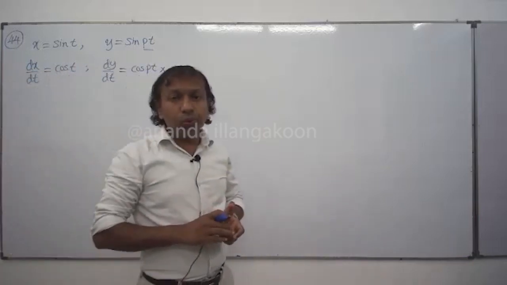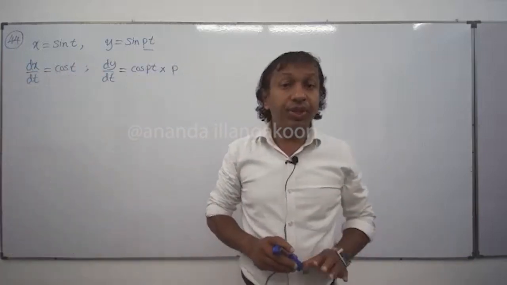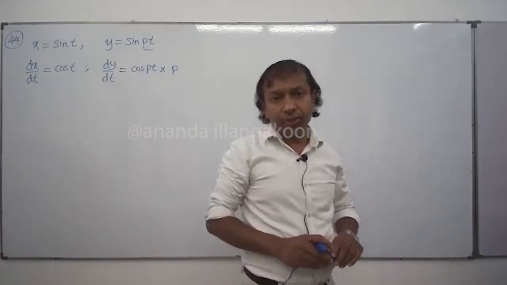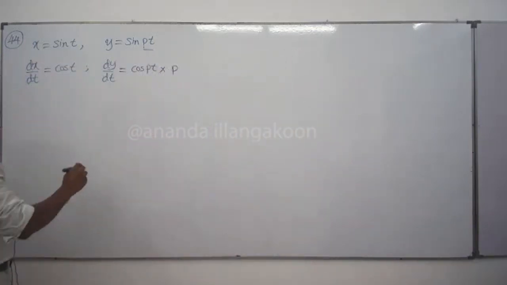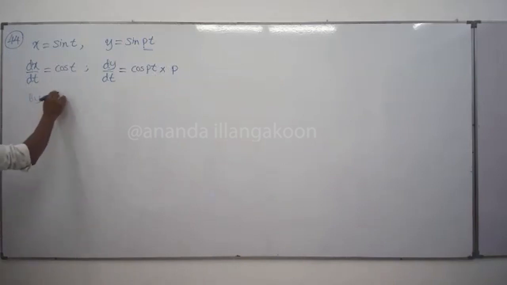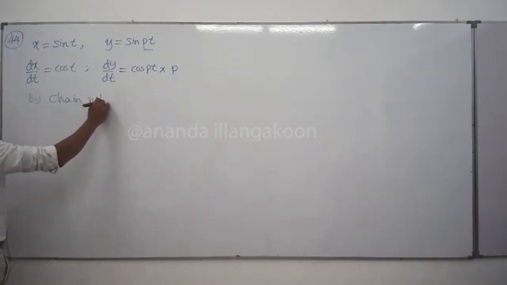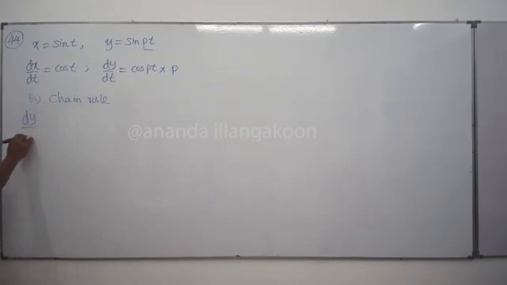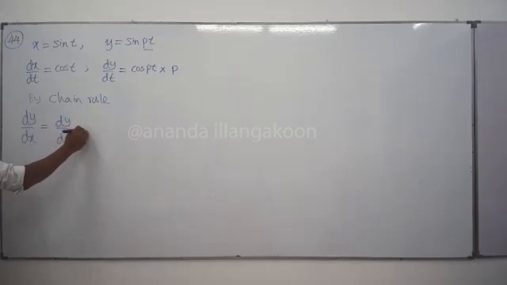Now, using these two, I can find dy by dx with the help of the chain rule. By the chain rule, we can write dy by dx is equal to dy by dt multiplied by dt by dx. The way of remembering this: when this dt and this dt cancel, we get dy by dx on the right-hand side.